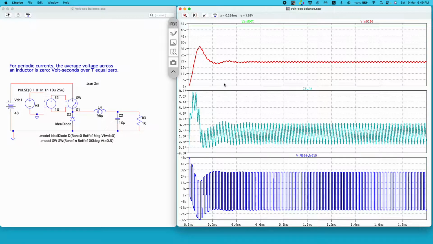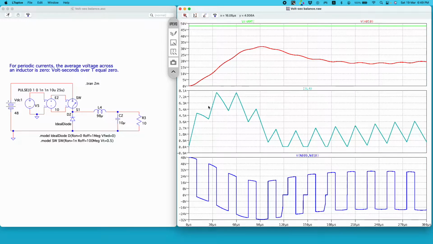So I will first show it in the transient state. So this is my transient waveform, right? And if I consider one switching interval of 25 microsecond, from here to here, this is my one switching interval.